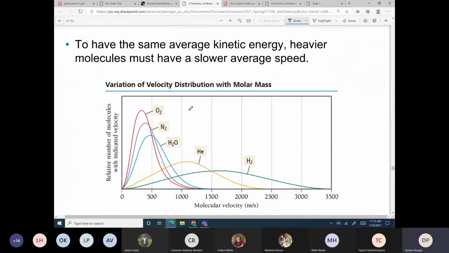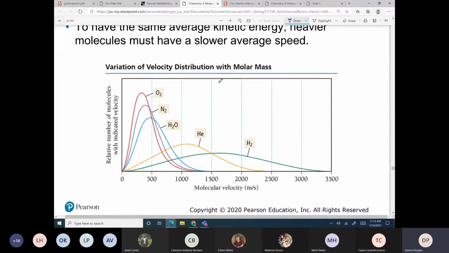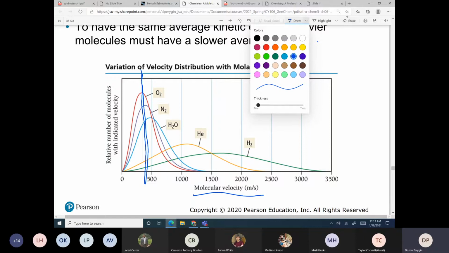So if we look at molecular speed, the root mean square velocity, versus molar mass, what we see is that lighter particles have a higher average velocity. Okay, so that's that nu RMS. Our average velocity is going to be right here in the middle of these peaks.